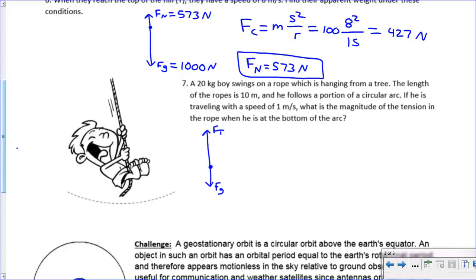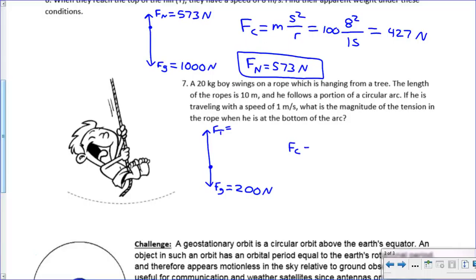If you look at this circle, pointing towards the center of the circle is in this way, and so we know that it's going to be an upward force. It's a 20 kilogram boy, so 200 newtons is the gravitational force. We're going to do exactly the same process to figure out how unbalanced the forces are.